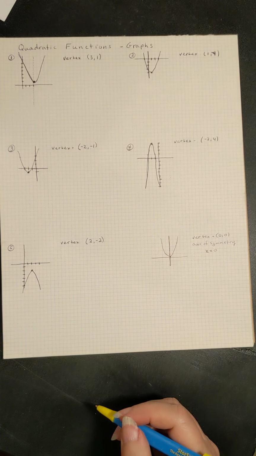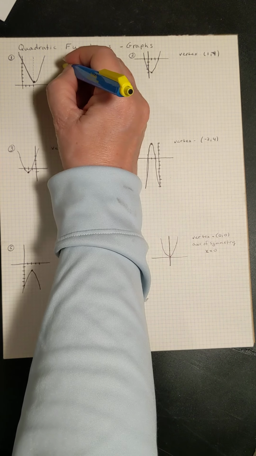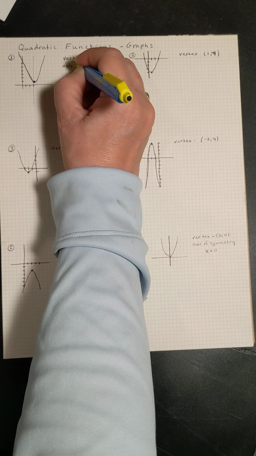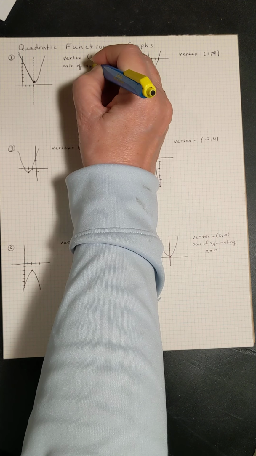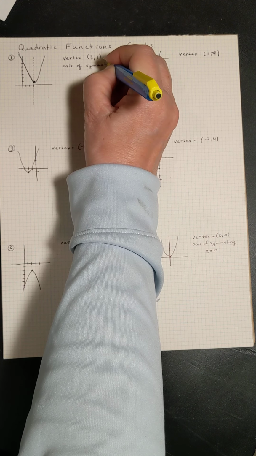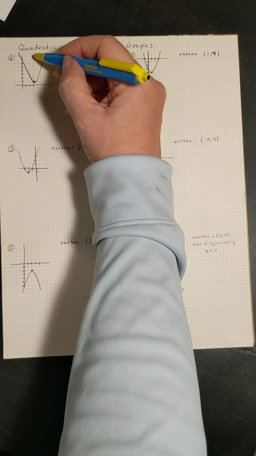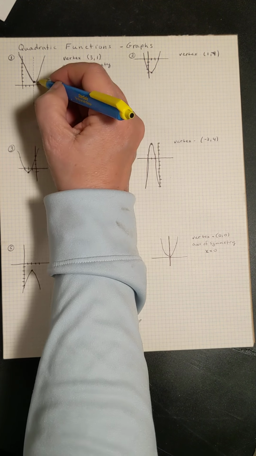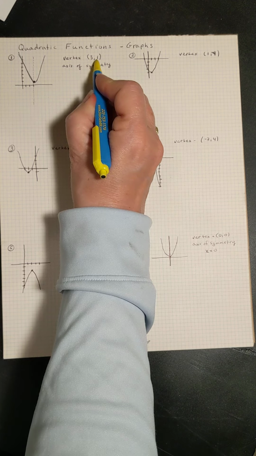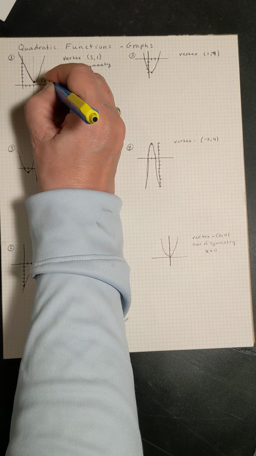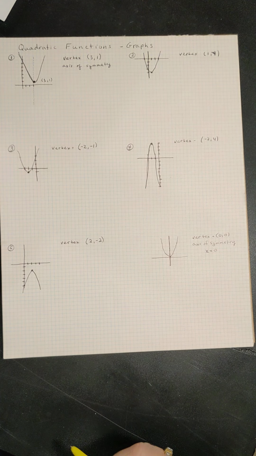So it looks like this. All right, and notice on this one that my vertex is 3, 1, and I'm going to go ahead and write that on the graph.